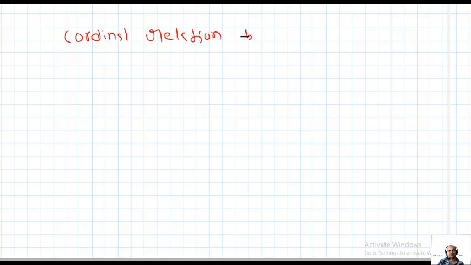Okay students, the next concept is cardinal relation between sets. This is also another important part, Nana. Yes students, already I explained what the cardinal number of a set is.